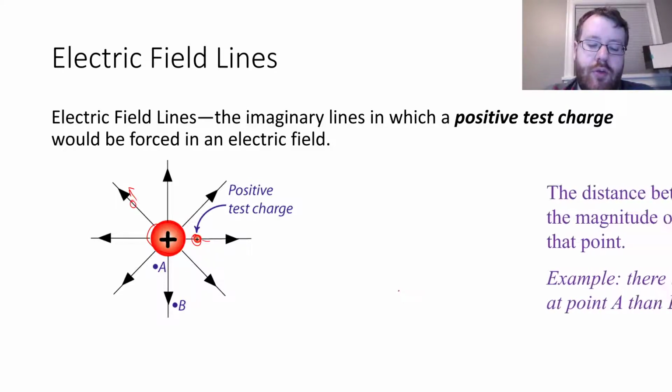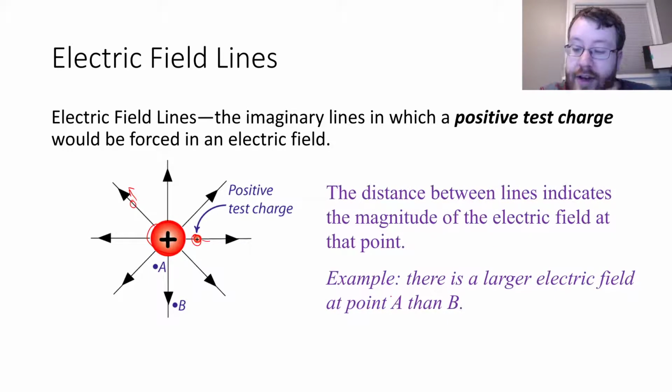The first one is that the distance between the lines shows us how strong the electric field is at that point. If you recall, the reason why we use arrows for vectors is because they can give us two bits of information: the magnitude and the direction. Now, for electric field lines, we're going to be changing that up a little bit.